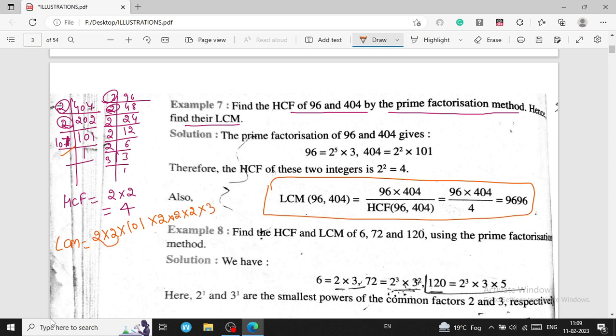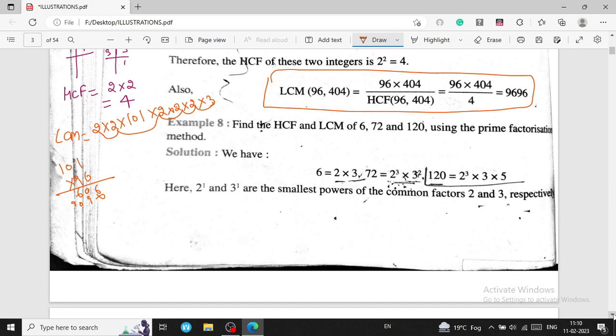Now multiply: 2 2s are 4, 4 2s are 8, 8 2s are 16, 16 2s are 32, 32 3s are 96. And now 96 multiply by 101 gives 9696.